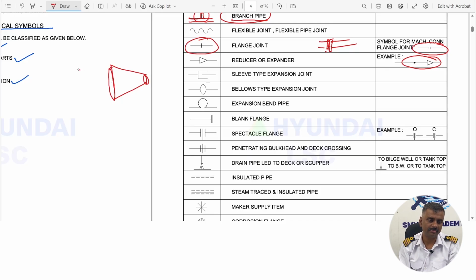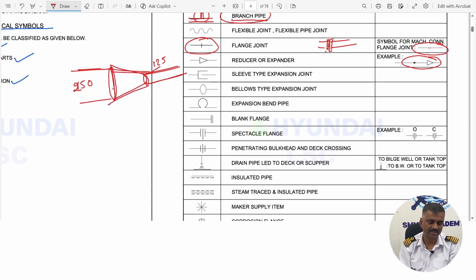You can see it in the pipelines, mainly seawater pipelines. When you have bigger pipelines, say 150 nominal dia or 250 nominal dia, and you are branching it for any auxiliary purpose, taking it into a smaller section, say 125 nominal dia, then it will be used with a reducer.